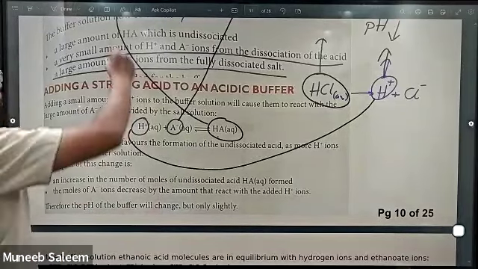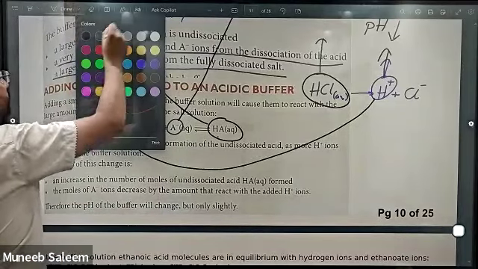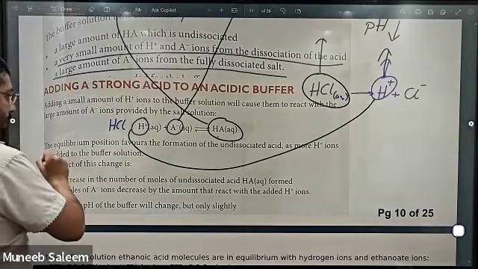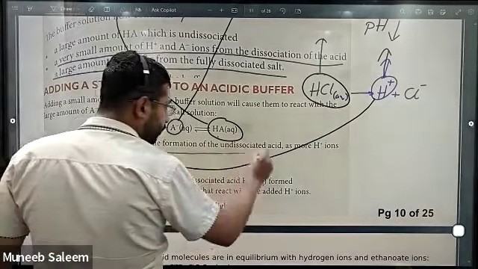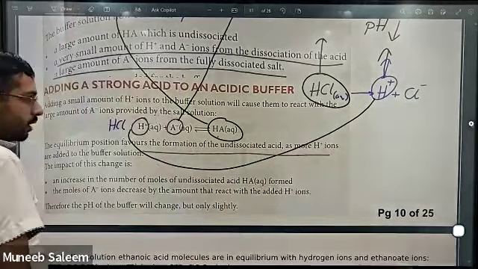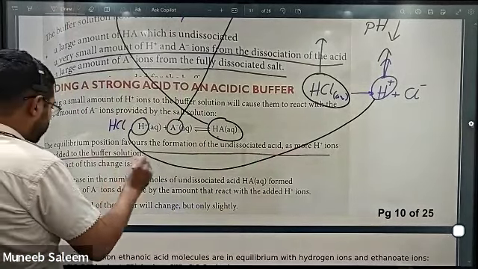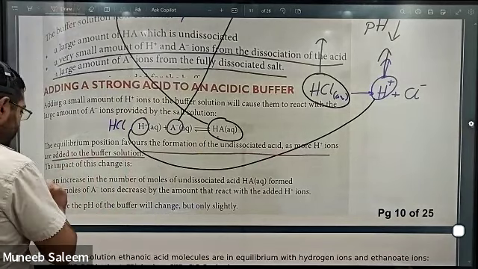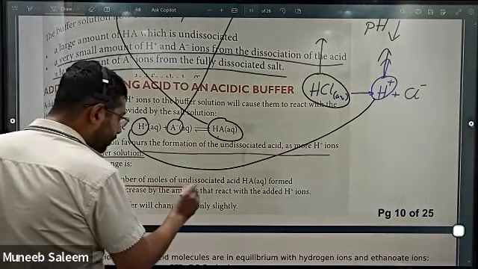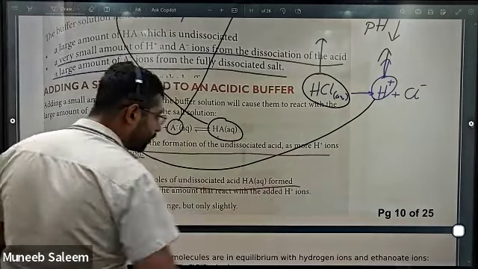So what do we have here? The equilibrium position favors the formation of the unassociated acid, which is HA. The hydrogen ions are added to the buffer solution. The impact of this change is an increase in the number of moles of the unassociated acid formed.